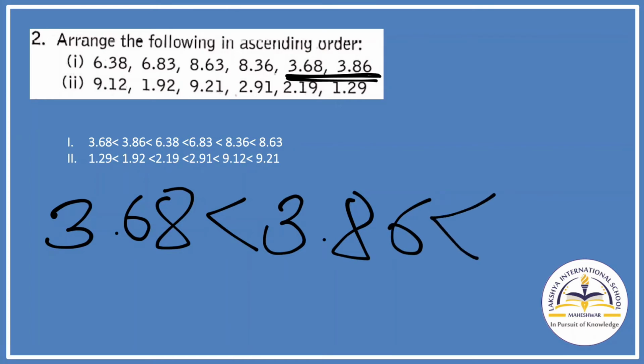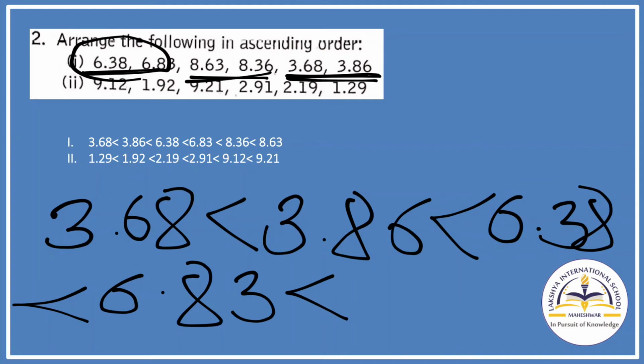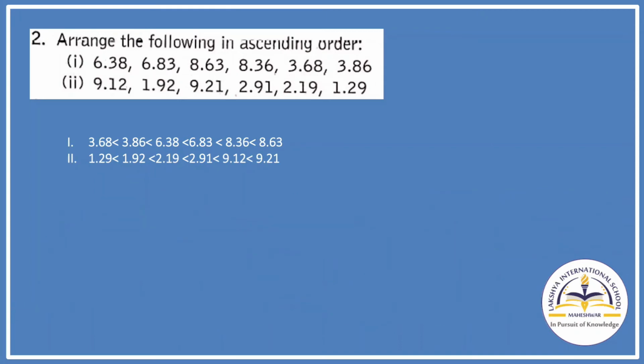Now we will check for the 6 point numbers. So which number next? 6.38 and then 6.83. Now we will check for these two numbers, then 8.3x and 8.63. This will be the answer. Now you have to solve question number second, this one.